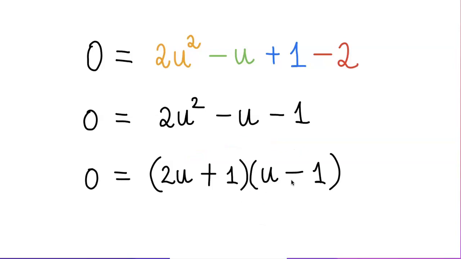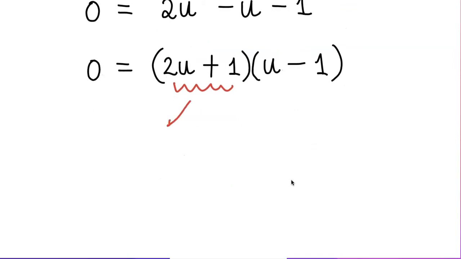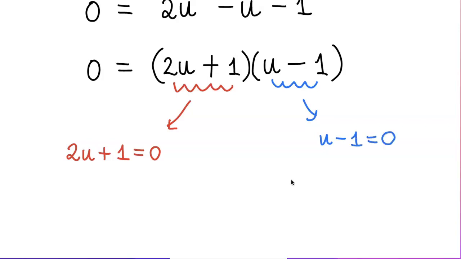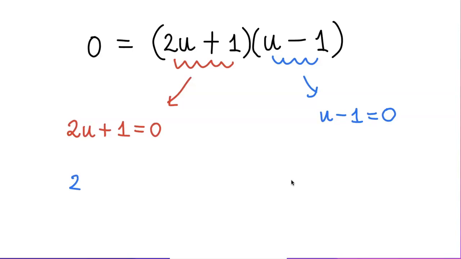So let's set each of these factors equal to 0. I'm going to get 2u plus 1 equals 0, and the second equation is u minus 1 equals 0. I will solve these now. 2u equals negative 1, which means u is equal to negative half.